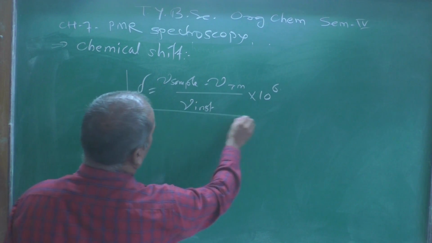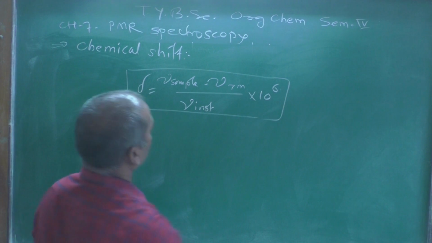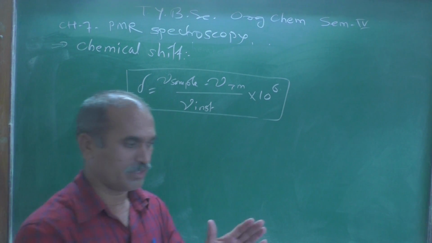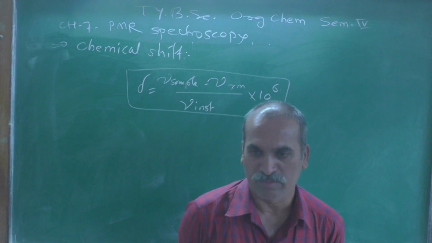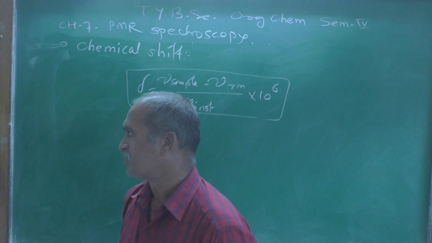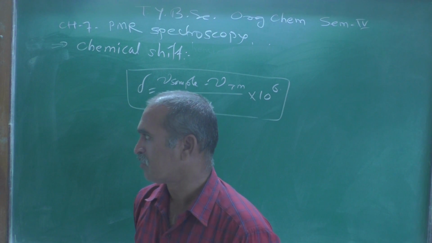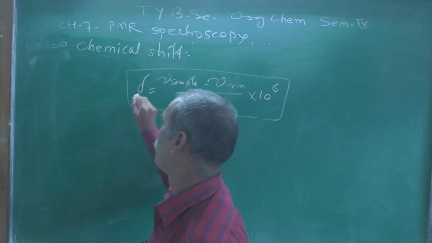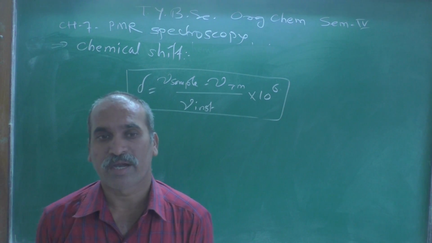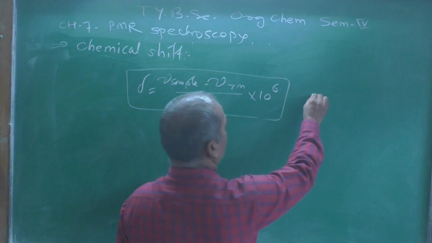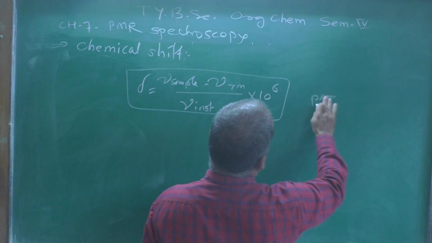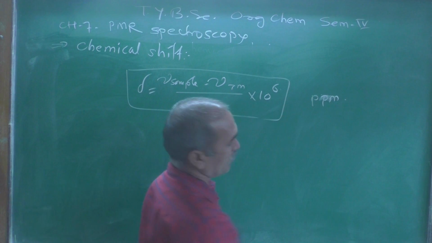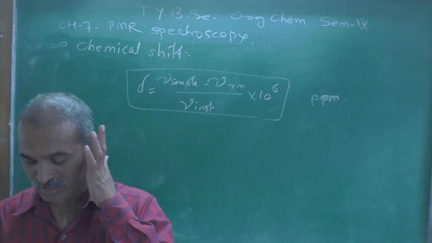This is the mathematical expression for the chemical shift, denoted by the symbol delta, and it is measured in parts per million, that is, ppm.